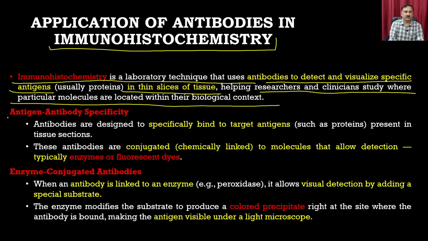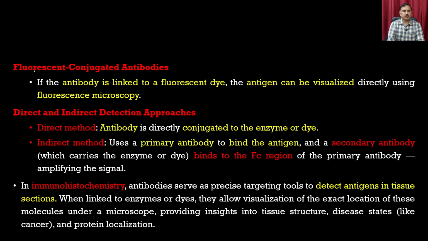You can use antigen-antibody interactions, or you can use enzyme-coupled antibodies for these applications. Then you can use a fluorescently conjugated antibody so that whenever the signal comes, it gives you a glow, right? You might have seen the immunolocalized antigen on thin slices using immunohistochemistry, or you can also use direct and indirect detection approaches.